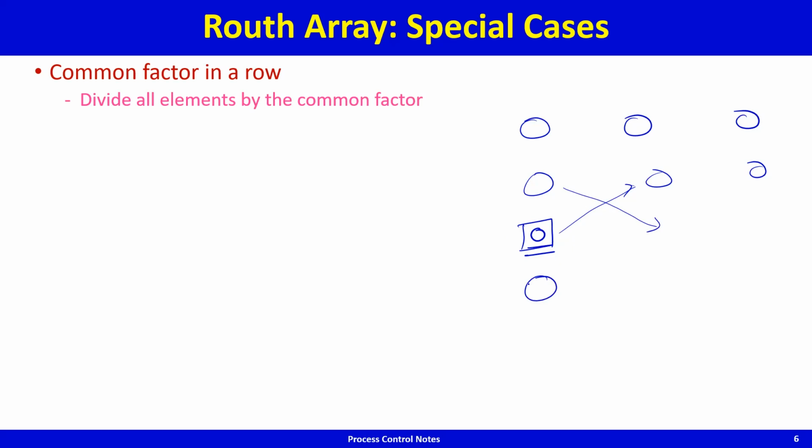So how do you proceed? There are two ways of proceeding. Number 1 is just replace this 0 by a small number delta, and keep on writing your elements in terms of delta, and take the limit as delta goes to 0, and then see if there are sign changes in the first column.